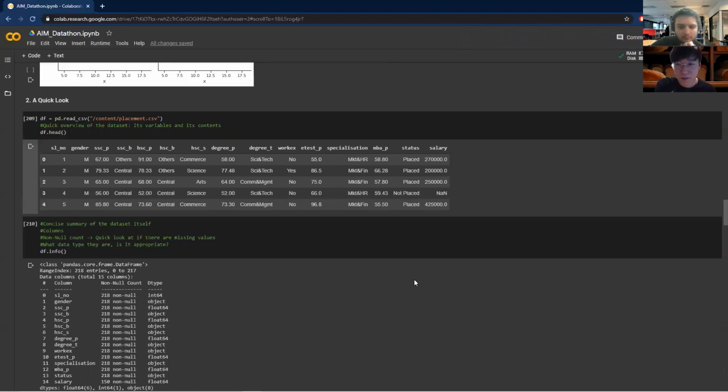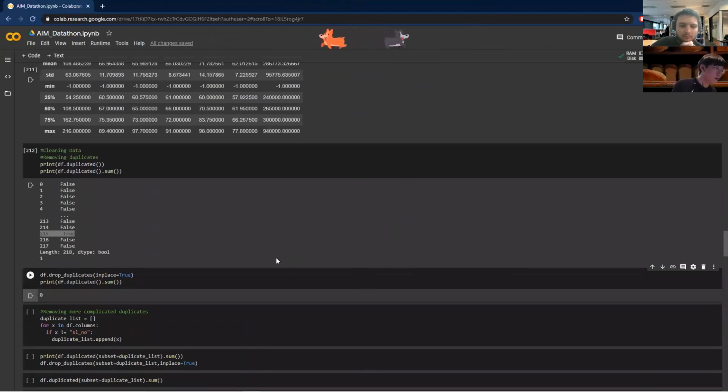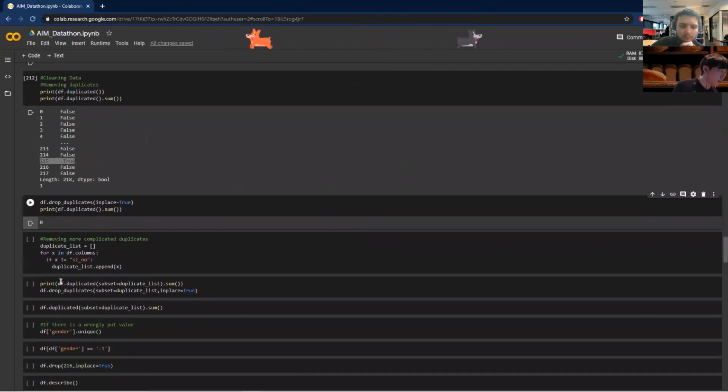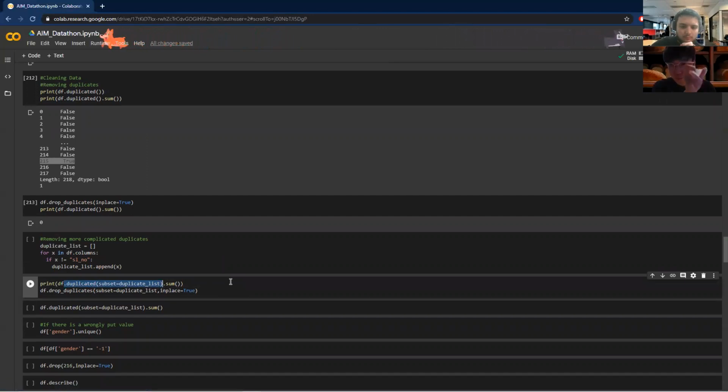The serial number will be different, but all the other columns will be identical. In that case, it won't be picked up by this duplicated check because the serial number is different. So to look out for those kinds of scenarios, you have to look for duplicates in a bit more special, filtered way.